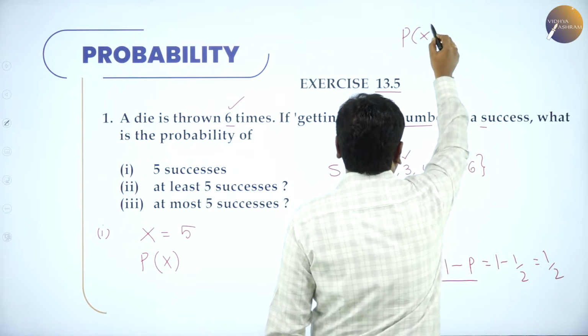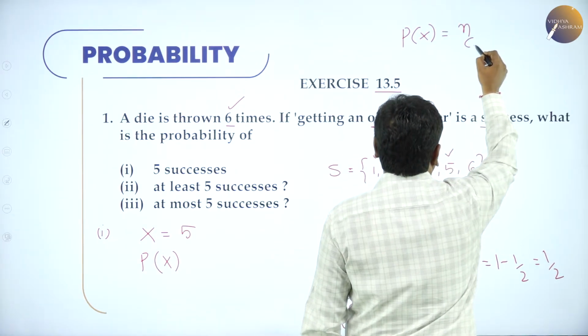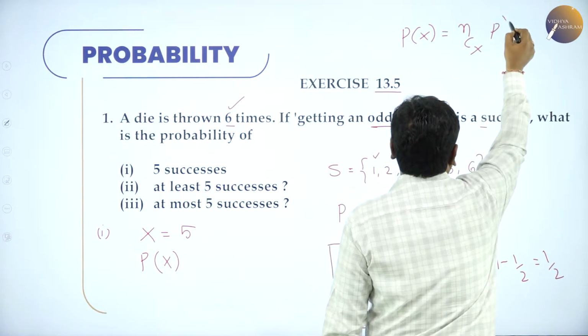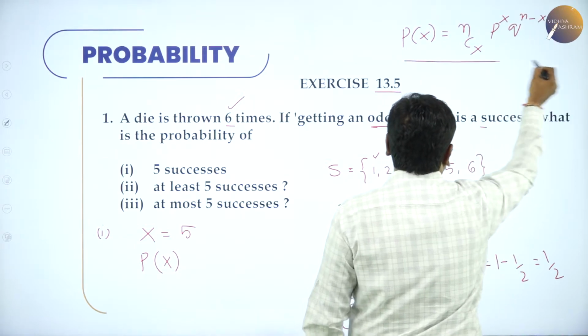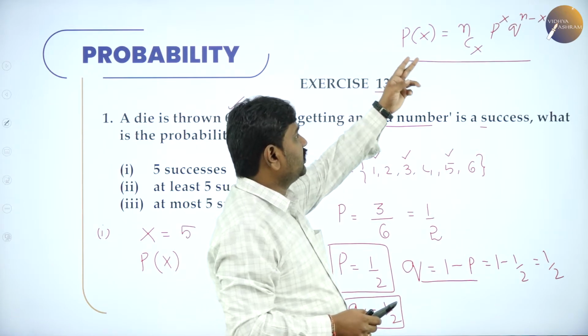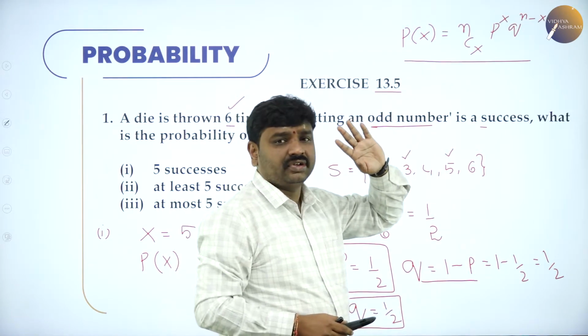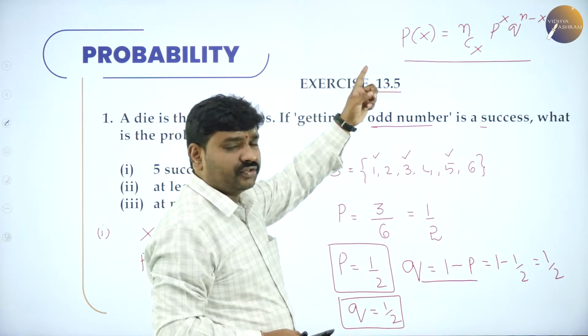For binomial distribution, for Bernoulli trials, P of X can be written as nCx P power x into Q power n minus x. This is the formula. So write the formula, you will get 1 mark. What is P of X? nCx P power x Q power n minus x. This is binomial distribution.